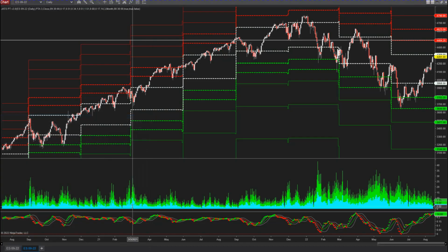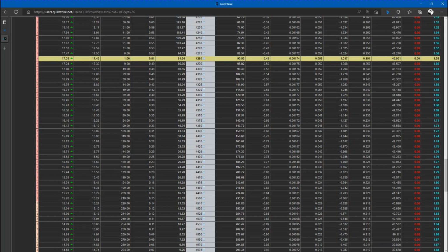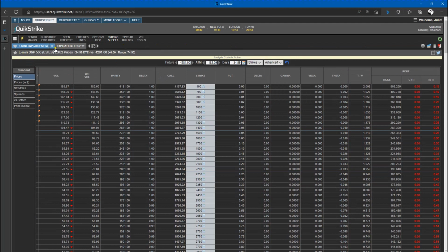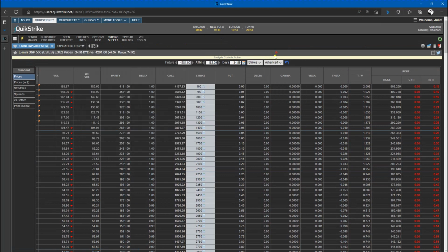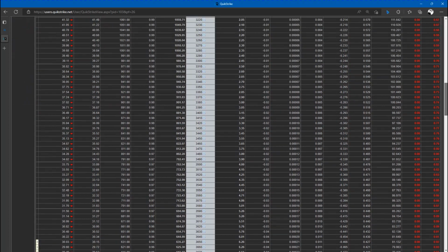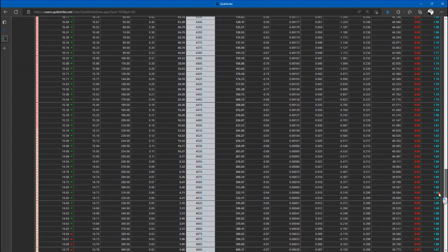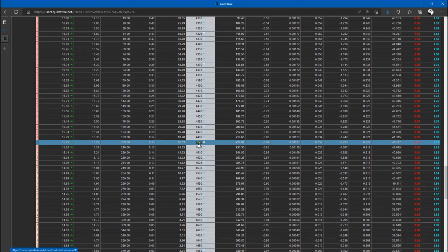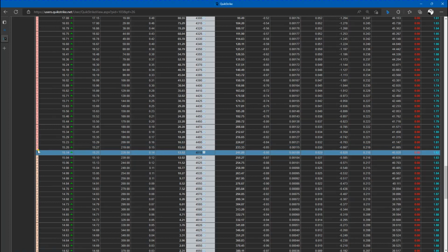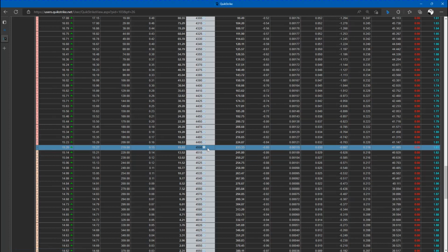I can show you on my pricing sheet for Quick Strike, using the Black-Scholes model for the quarterly expiration, where I use Black-Scholes calculating price to volatility, you can come down and see the 16 delta right here is at 44.90, and Quick Strike is showing that second standard deviation level just a little bit below it at 4,500.